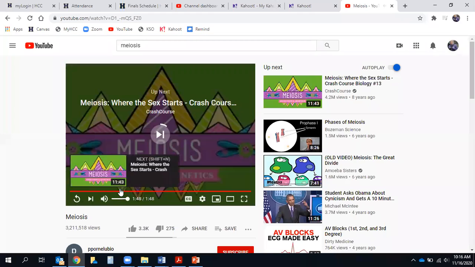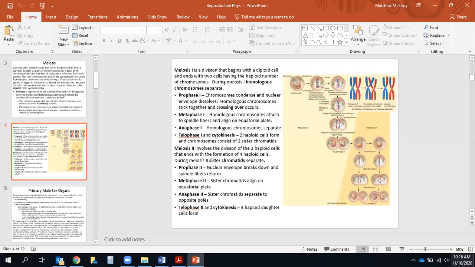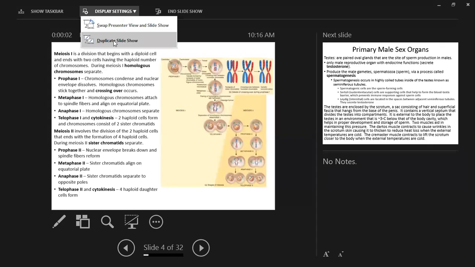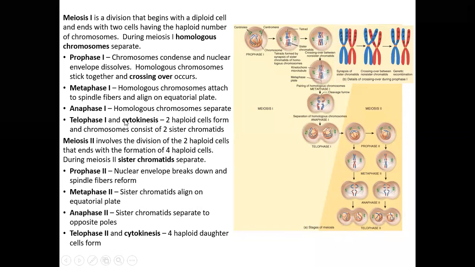Okay, so hopefully that made things a little bit easier to envision as far as what's taking place. For the exam, just make sure you can keep straight, I might give you this: homologous chromosomes attached to spindle fibers on a line on the equatorial plate. Which of the following stages is this taking place in? You'd have to know.